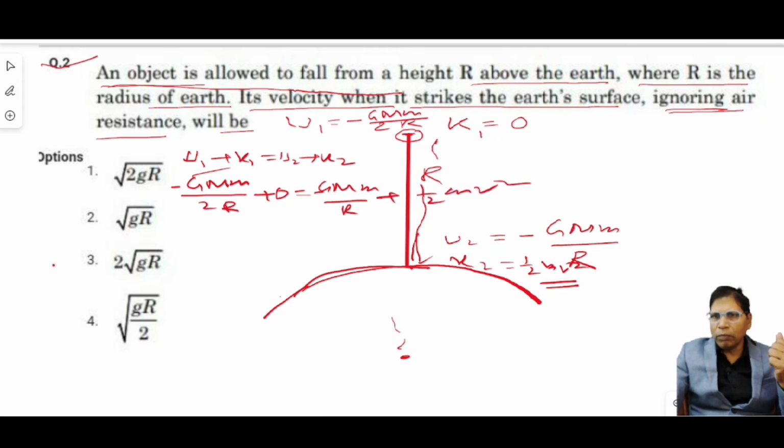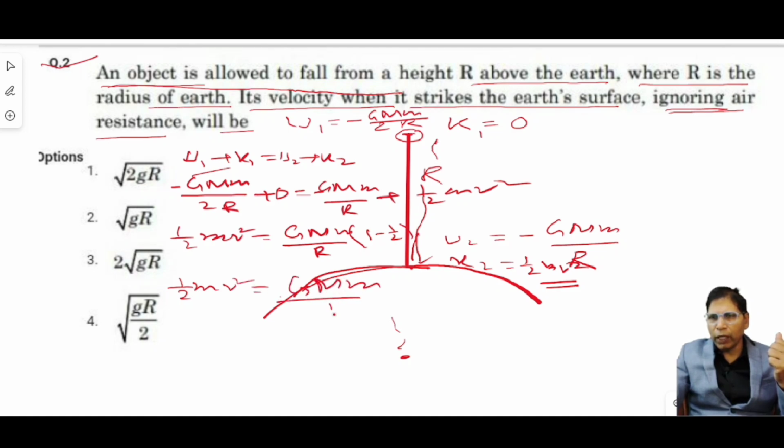Okay, no problem. Therefore, from here half mv square equals G capital M small m by R into 1 minus half, and this is the half.